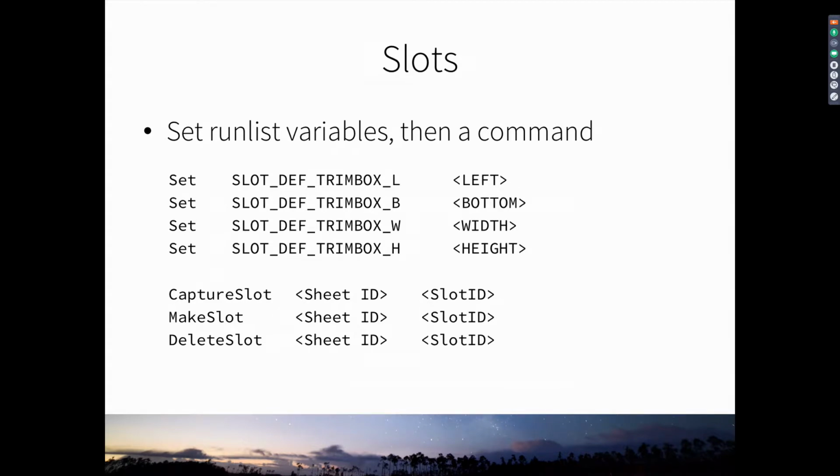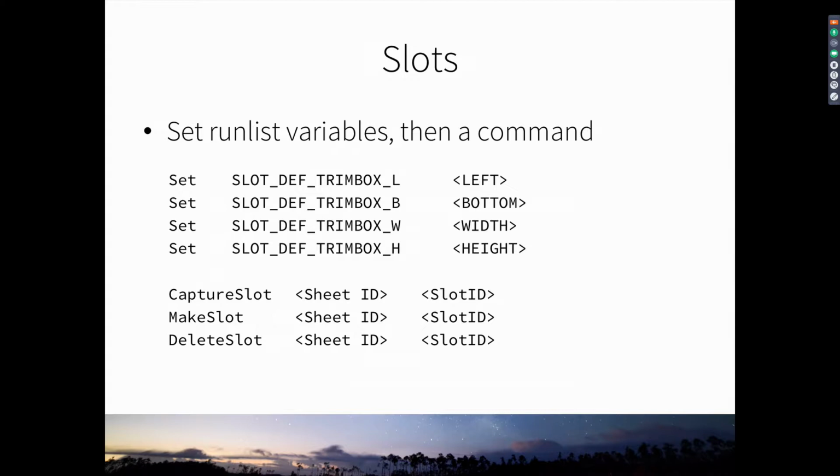And again, you will begin in your run list by having lines that define values for these variables, so that place information in those predefined variables, and then you will use one of the commands to make a slot. Well, in this case, it's only making a slot.